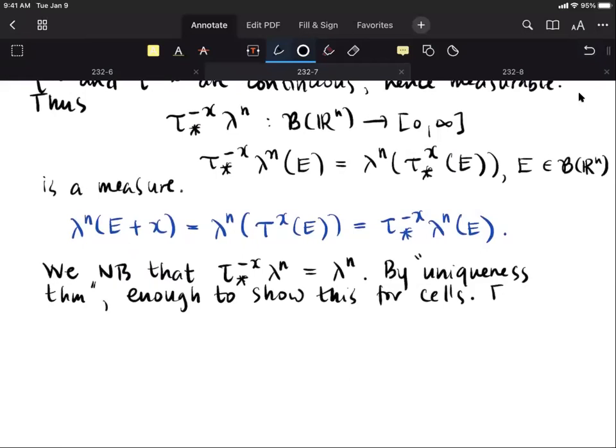Okay, so for two vectors a and b in R^n with a less than b, let us compute the image measure with respect to this cell.